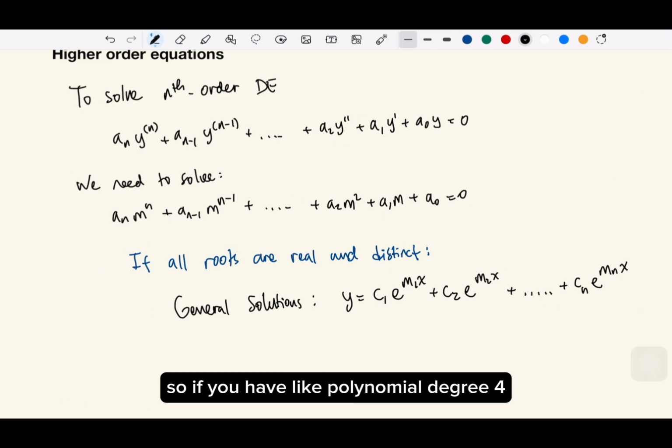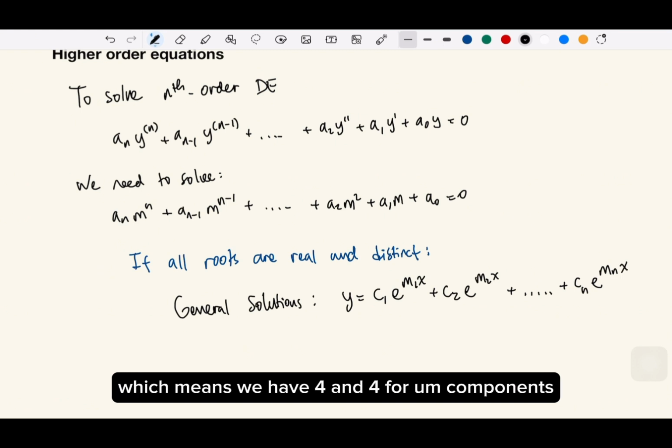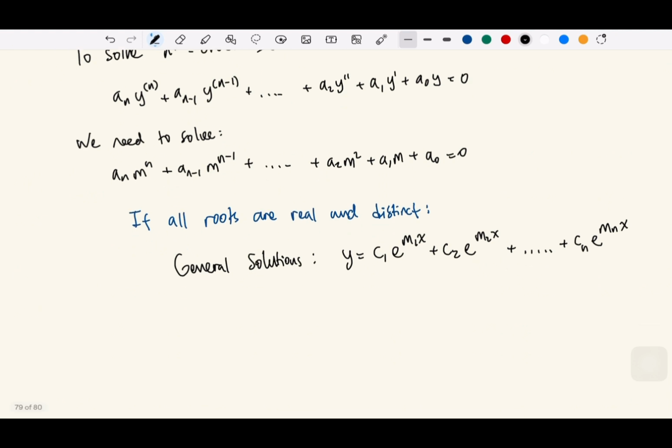So if you have a polynomial of degree 4, which means we have 4 components.